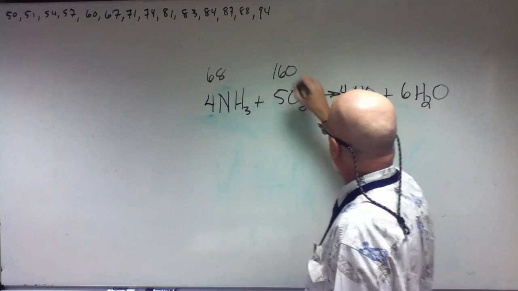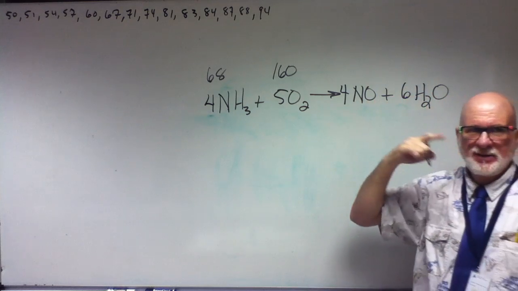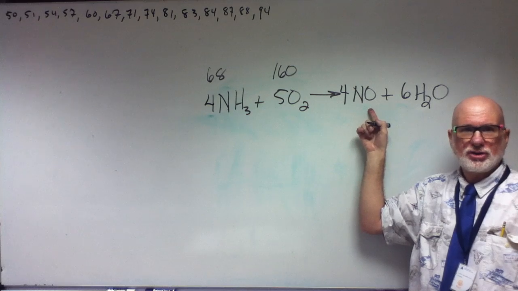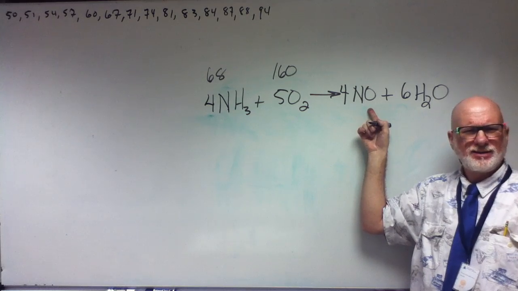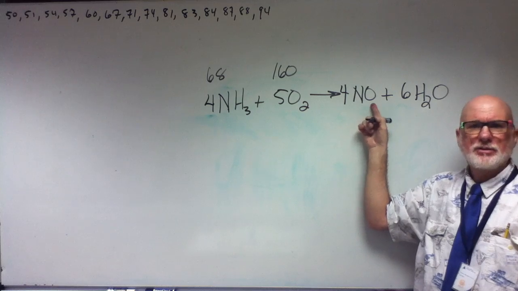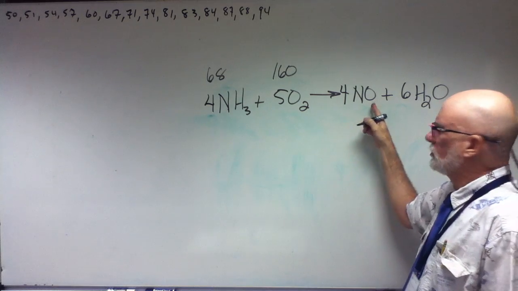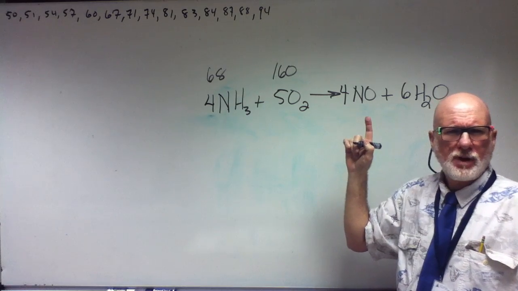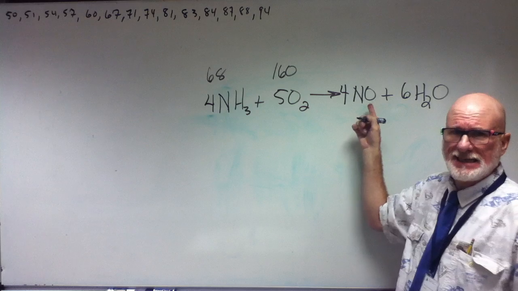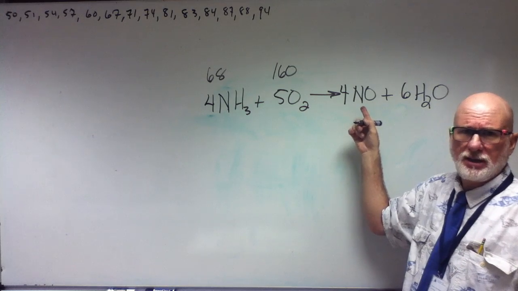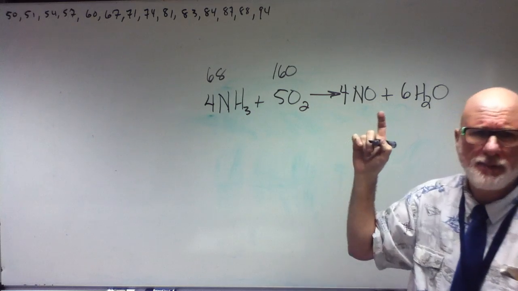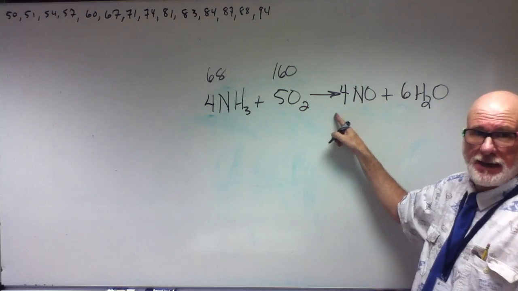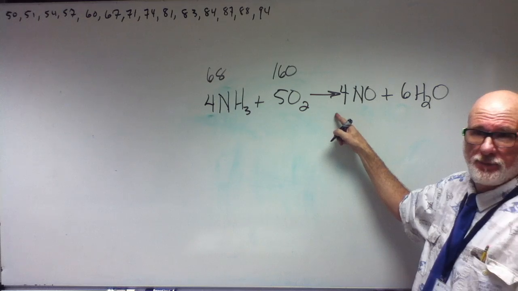And what is 14 and 16? 14 plus 16 is 30, times 4 is 120.